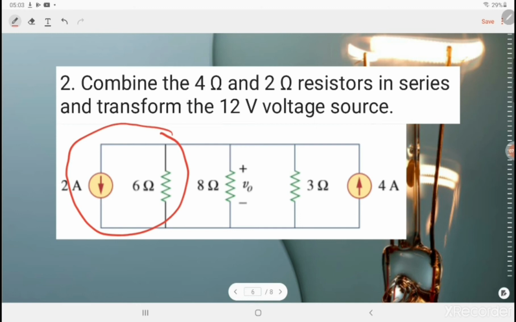In order to get the value of the current source, Is is equal to Vs divided by R, which is 12 divided by 6, so it is equal to 2 ampere. The new current source value is 2 ampere in parallel with the 6 ohm resistor.